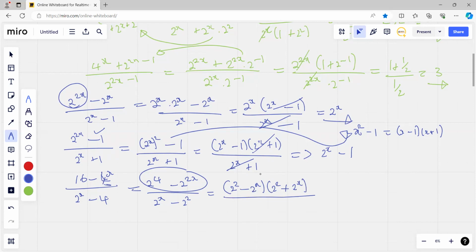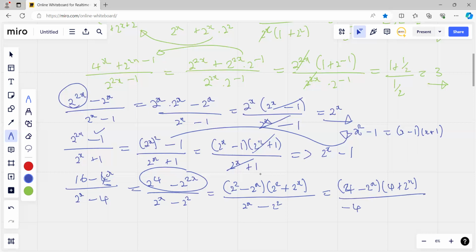Then here we have 2 to the exponent of x minus 2 to the exponent of 2. So this is equivalent to, let me just write it as, 4 minus 2 to the exponent of x, 4 plus 2 to the exponent of x. Then here we're going to make it somehow. We're going to say negative 4 plus 2 to the exponent of x.